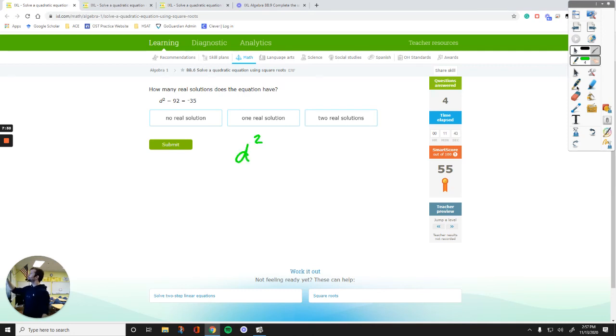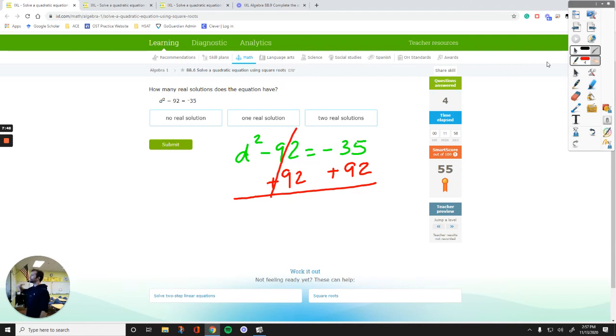D squared minus 92 equals negative 35. Step 1, get rid of that negative 92. Because we are solving this for D, and to solve it for D, you gotta get rid of everything else from that side. So D squared goes down on the left, equal sign goes down, and then add these two numbers together, that is 57.